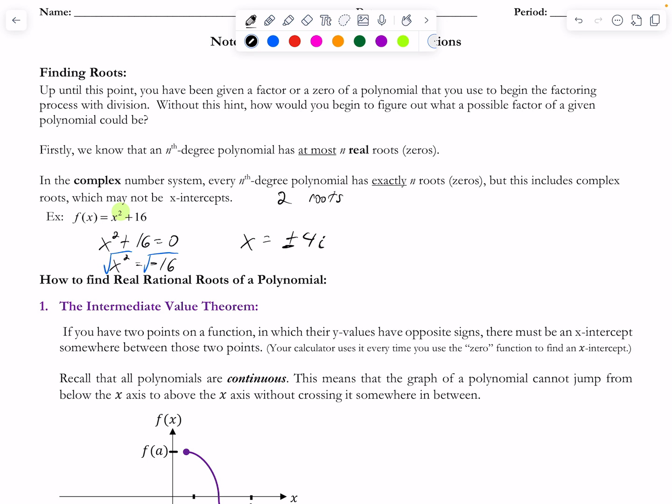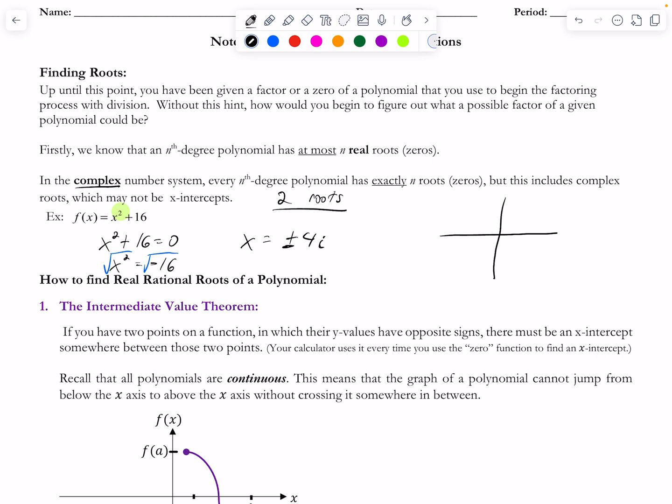Now neither of those roots are real numbers, right? So yes, we do have 2 roots, but this in fact means that these 2 are called complex roots. This shouldn't surprise you, because complex roots mean that you're not going to have x-intercepts. We kind of talked about this at the very end of the first semester. You can have solutions to a function or to an equation, but they don't necessarily have to be x-intercepts.